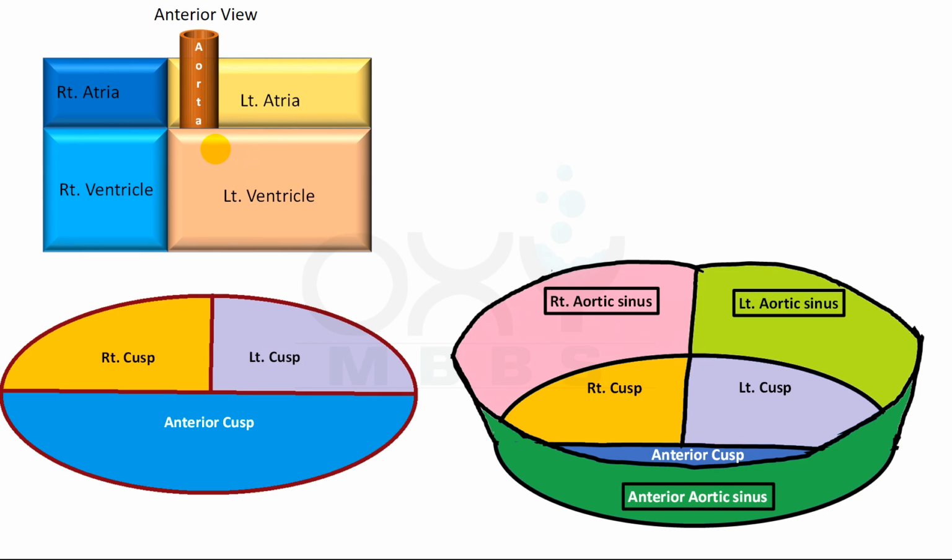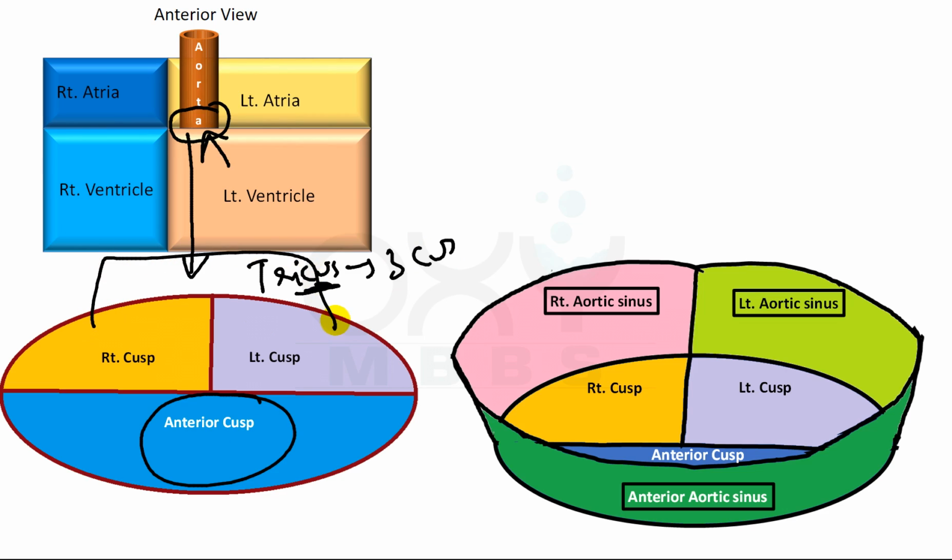Now the area of the aorta which is coming just from the left ventricle is having the aortic valve. Tricuspid means the aortic valve is having three cusps, one anterior and two posterior, and the posterior cusp which is present on the left side is called the left cusp, and that which is present on the right side is called the right cusp.